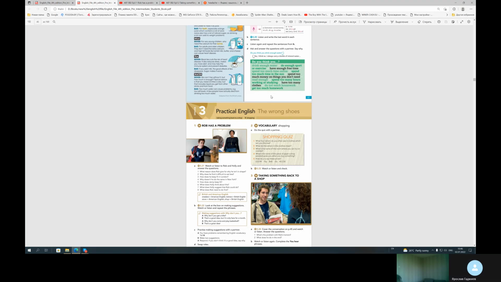But if it is used not in terms of a person, it can have the meaning of form: rectangular, triangle, square. So square can be a shape. Okay. What reason does Rob give for why he isn't in shape?